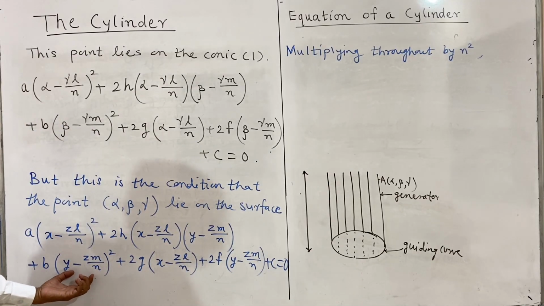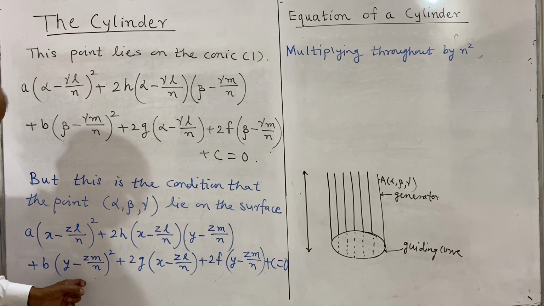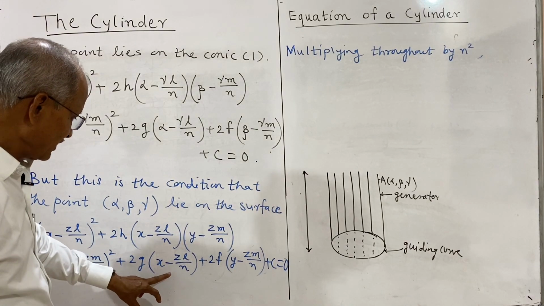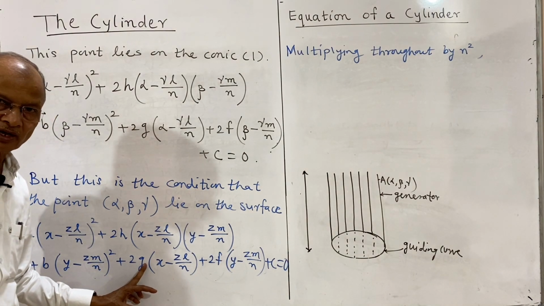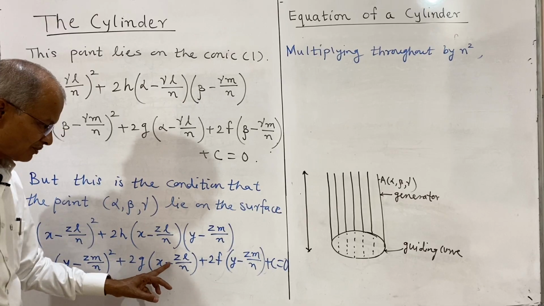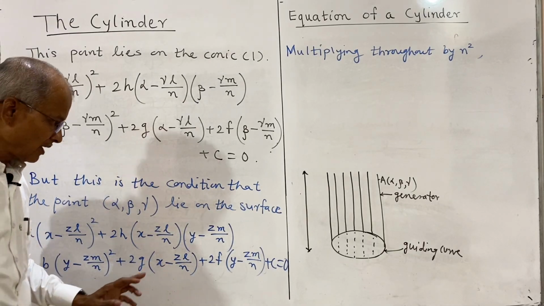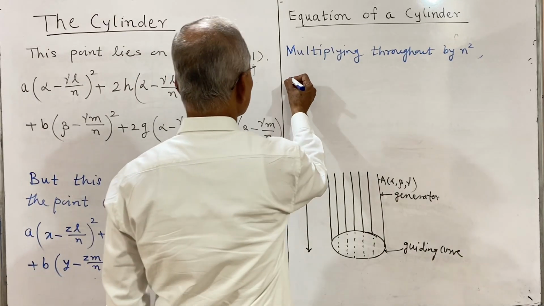Here also it will be n square after subtracting, and here n is there, so we will have to multiply by n square, means n term will remain, and this will be nx minus zl or Lz. So that is the simplification of this equation.